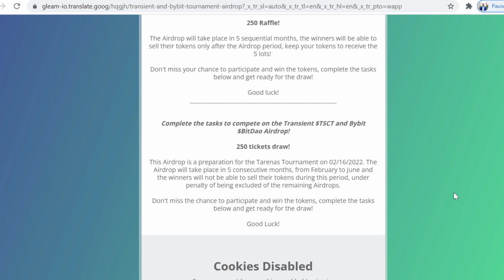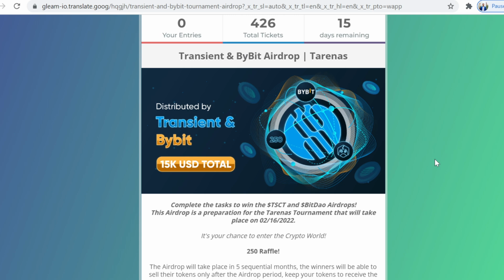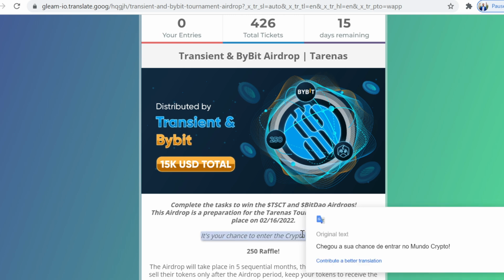The airdrop will take place over 5 consecutive months from February to June, and the winners will not be able to sell their tokens during this period under penalty of being excluded from the remaining airdrops. So there are some terms and conditions around the airdrops. It's important to wrap your head around it, and already 426 tickets, 15 days remaining on this. So it's really important that you do your own research and get an understanding of what that looks like and how it works.